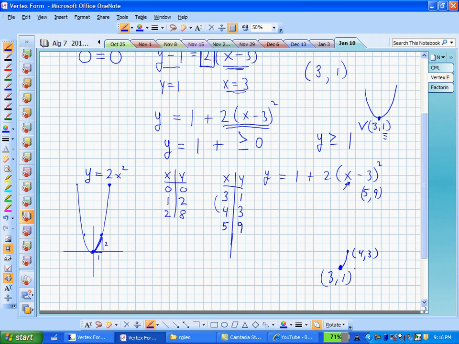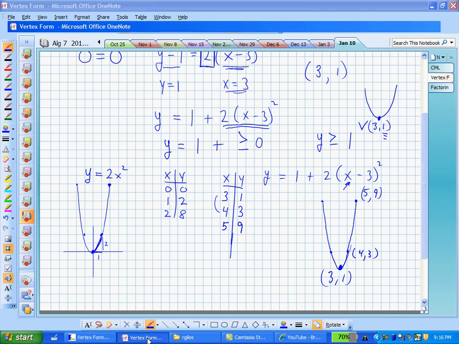So we go over 2, up 2, 4, 6, 8, and that is the point 5, 9. Symmetry kicks in, these other symmetric points just as it did before, and we have the exact same shape, just somewhere on a different point in the axis. Instead of 0, 0, it's at 3, 1.